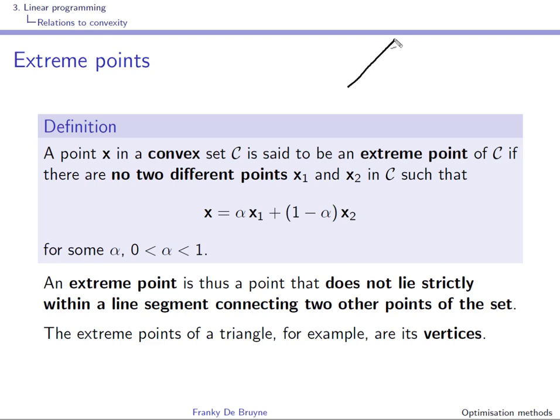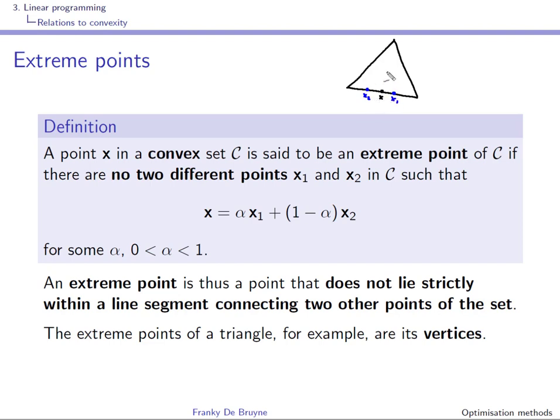So if we draw a triangle, for this point over here, it is possible to find 2 points x1 and x2, and it is possible to express x as a convex combination of x1 and x2.